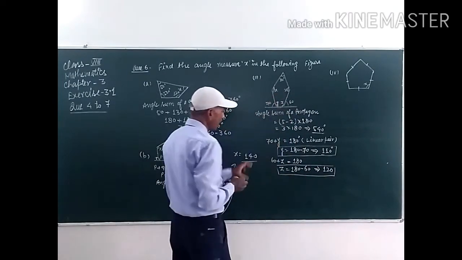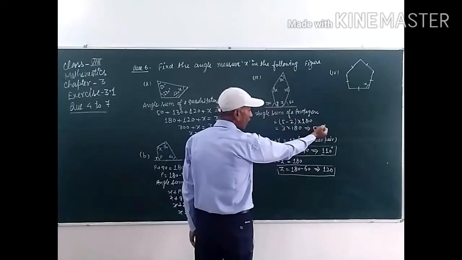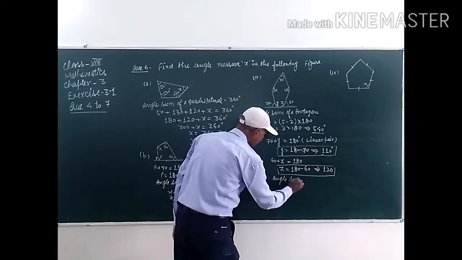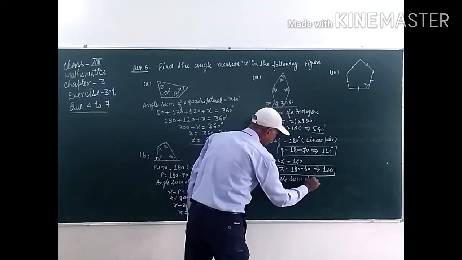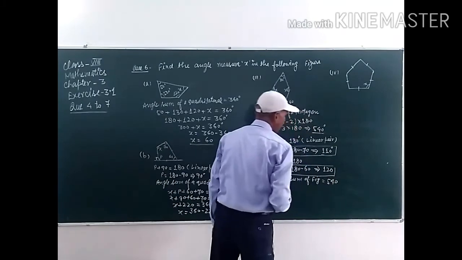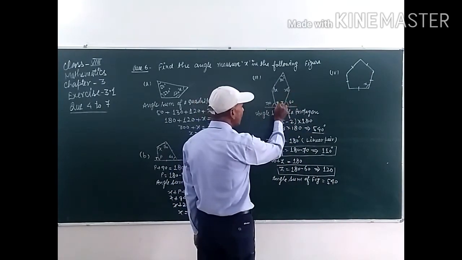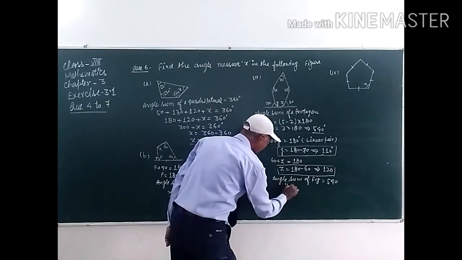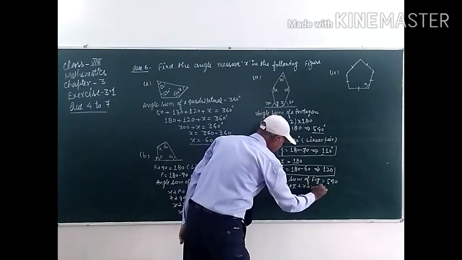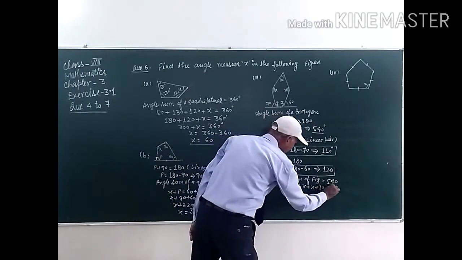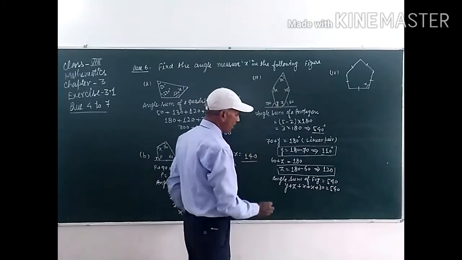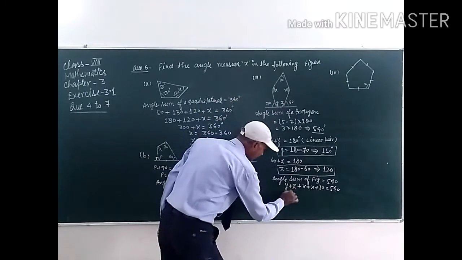Now the angle sum of the pentagon we have already found. The angle sum of the figure is equal to 540 degrees. Now y plus z plus x plus x plus 30 is equal to 540 degrees. We have to add all the angles, students, and the value of y is 110.